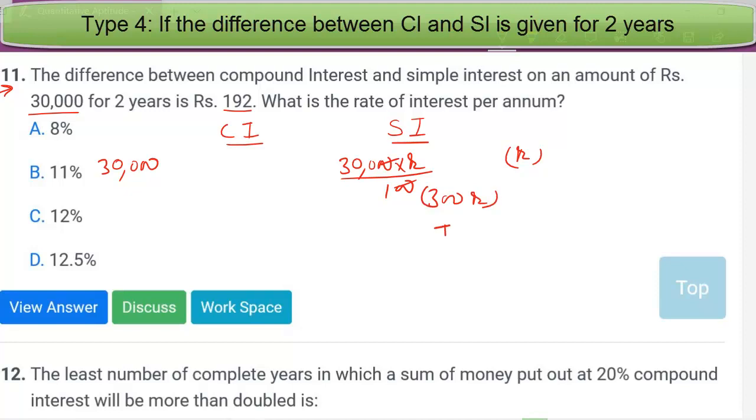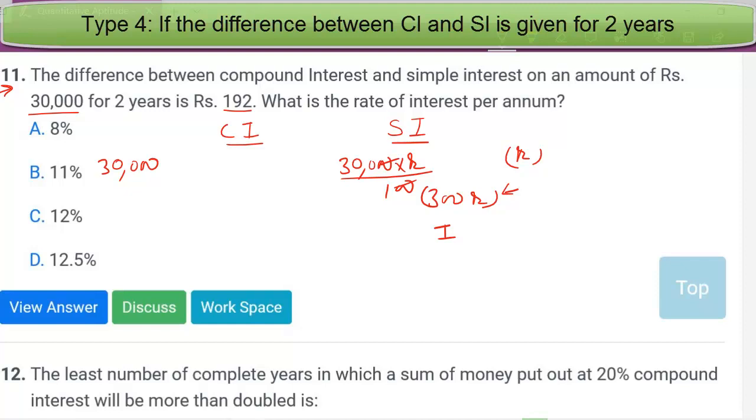The difference between compound interest and simple interest is the interest that you are getting on this particular interest, that means 300 R in this case, because that is the only difference that will be made after 2 years.